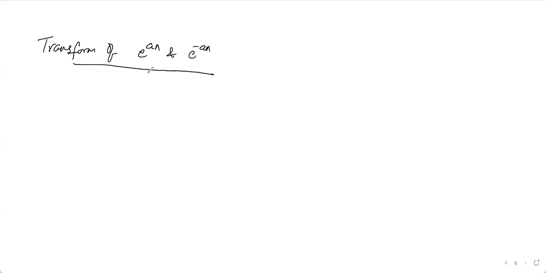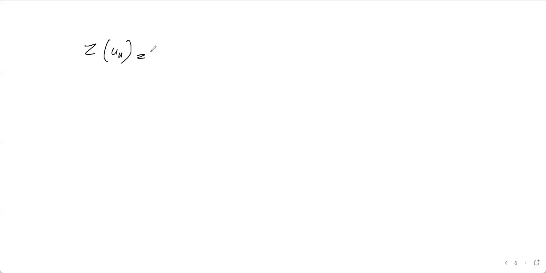First let us look at e to the power of an. We know the formula Z of un is summation n is equal to 0 to infinity un z to the power of minus n, and now un is e to the power of an.